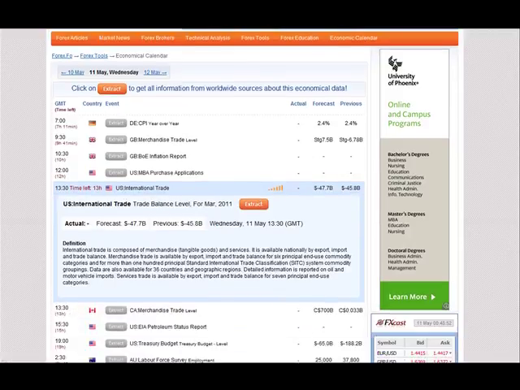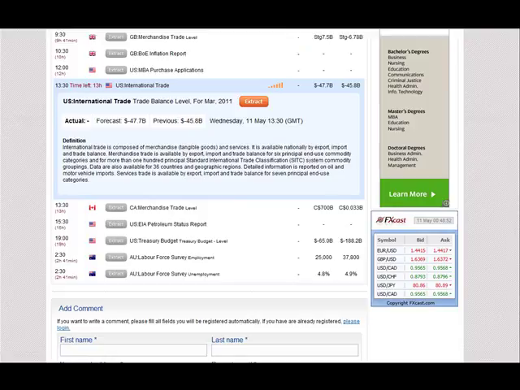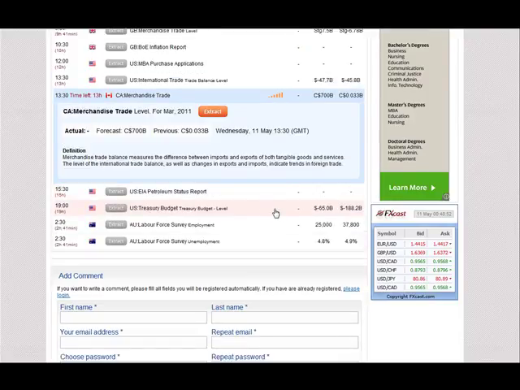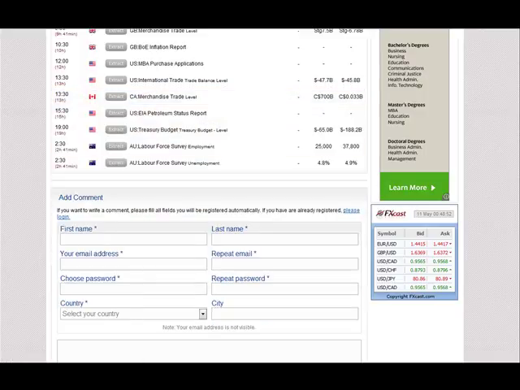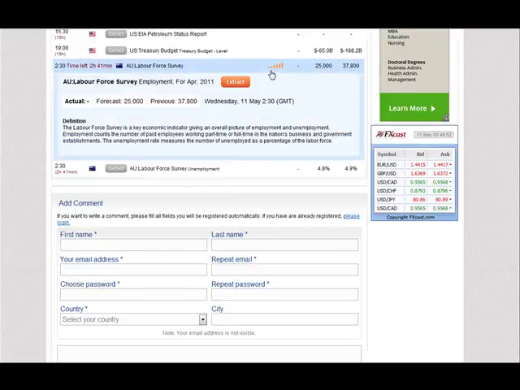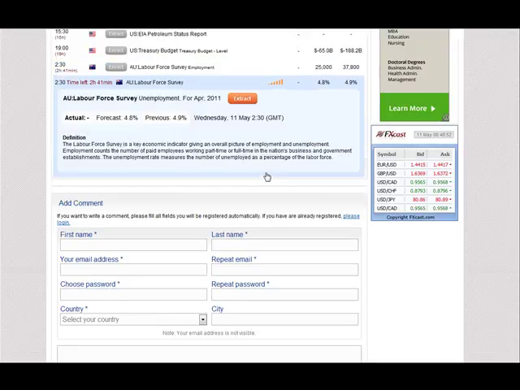Again, another measure of imports and exports. We also have the trade balance for the Canadian. And then a little bit later, we finish off with some Aussie job employment data, letting us know basically whether or not jobs are being created and how healthy the economy is.